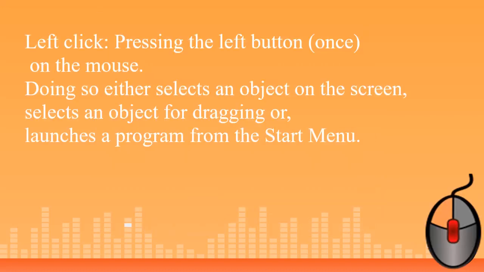So what is the left click? When we click on the button which is on the left side of the mouse, it is called a left click. Doing so either selects an object on the screen, selects an object for dragging, or launches a program from the Start menu.